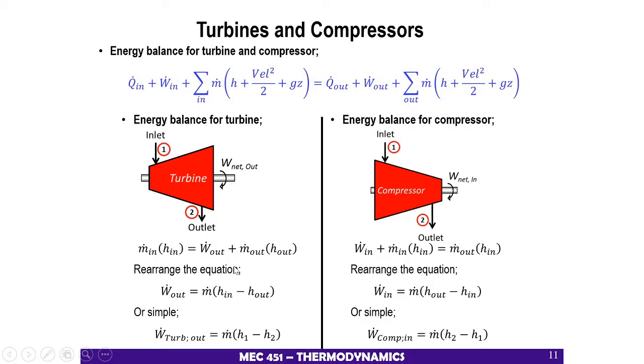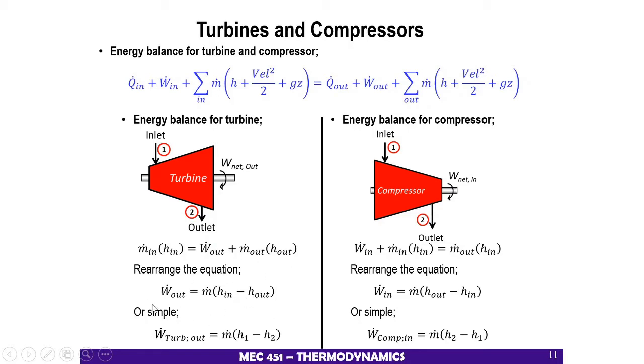As we have one inlet and one outlet, the mass in and mass out are the same, so we rearrange, and we have something like this.